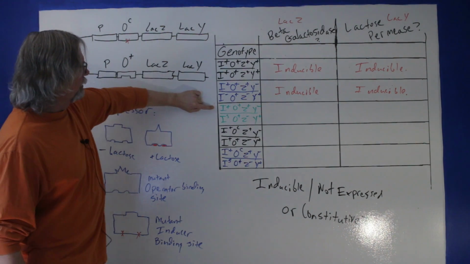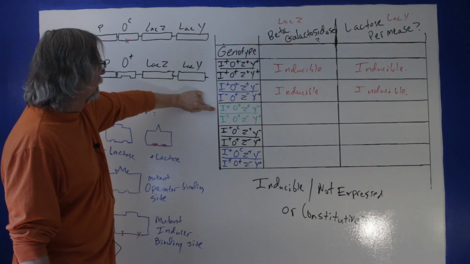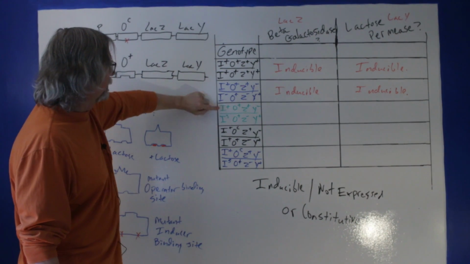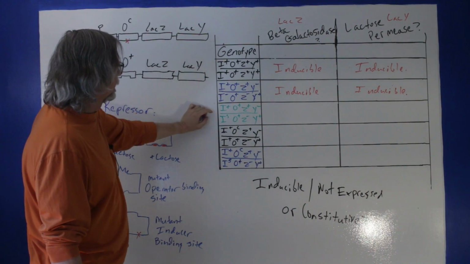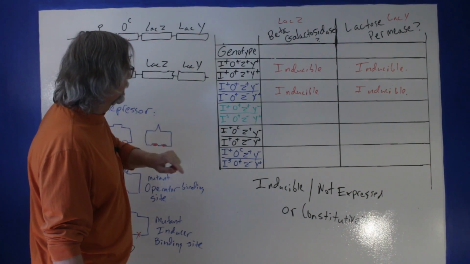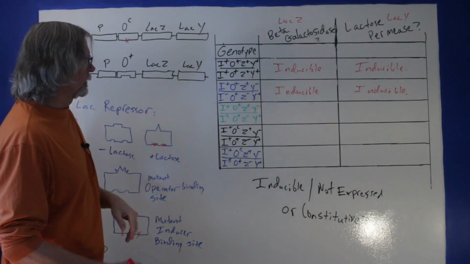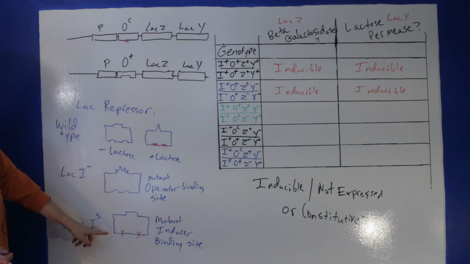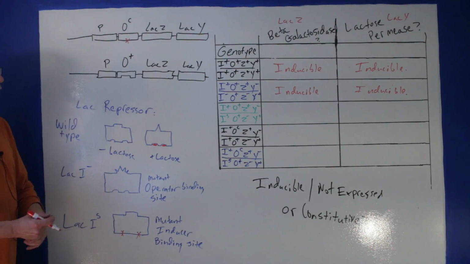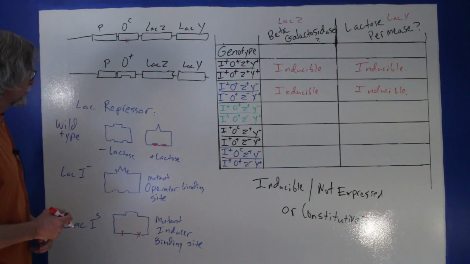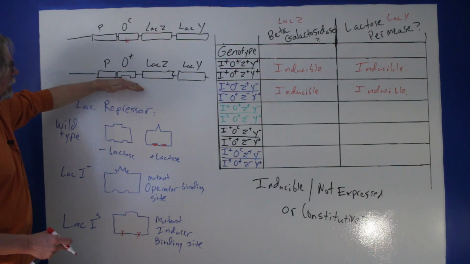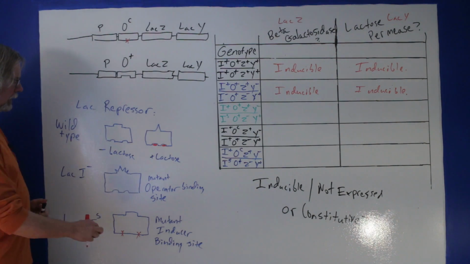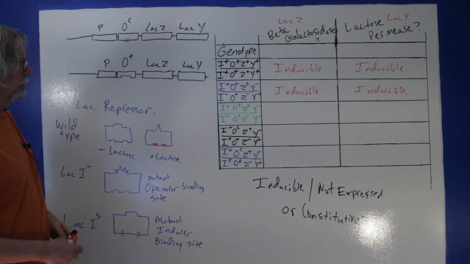All right, let's look at this example. In this example, LAC-Z plus is on the plasmid copy, LAC-Y plus is on the chromosomal copy. For the regulatory sequences, both functional operators, but we have a super repressor. Okay, super repressor is not able to bind to lactose, allolactose, the inducer. So this super repressor will constantly be bound to the operator, and there's no way to pull it off because there's no binding site for lactose or the inducer.